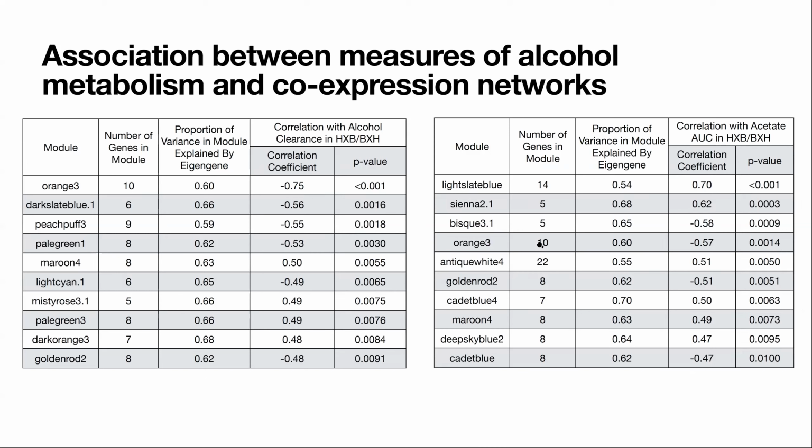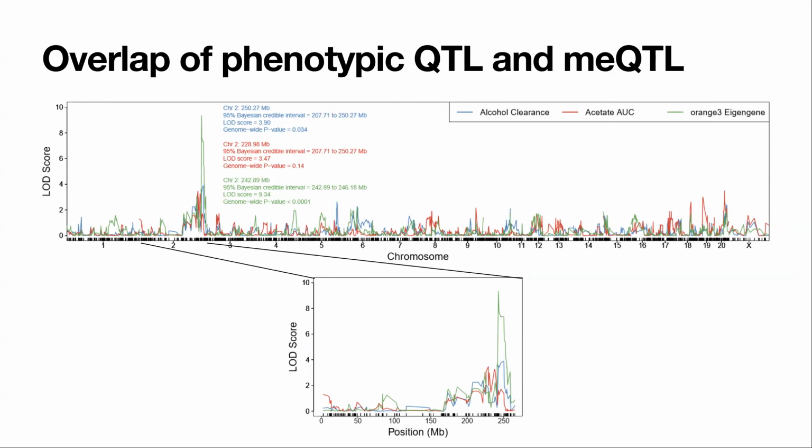And one of the modules I want to point out here is this orange 3 that's associated with both acetate and alcohol clearance. When we overlap our maps of both the phenotypes and that orange 3 eigengene, which is a particular module, we can see a similar peak here for both the orange 3 eigengene and our alcohol clearance phenotype.